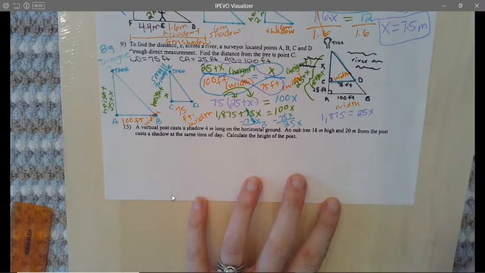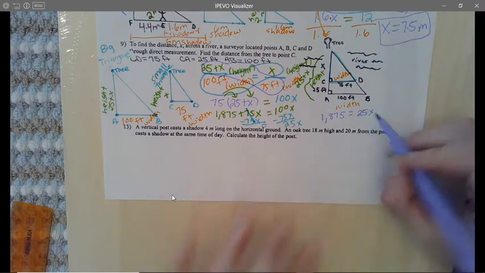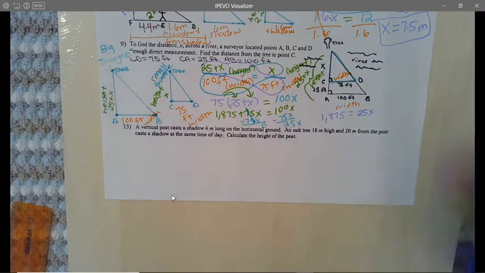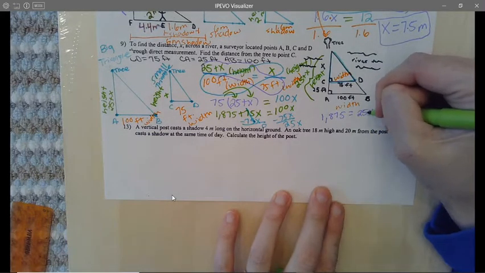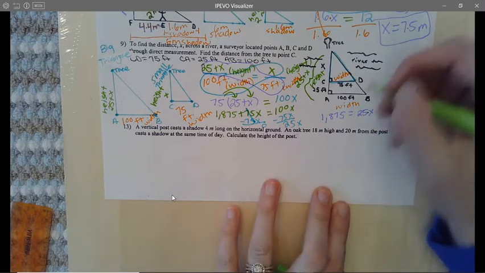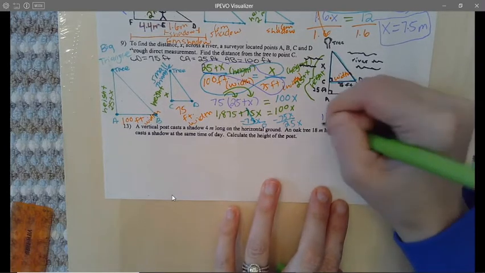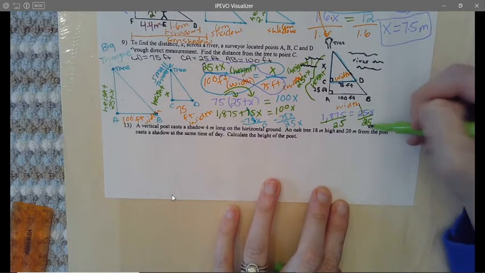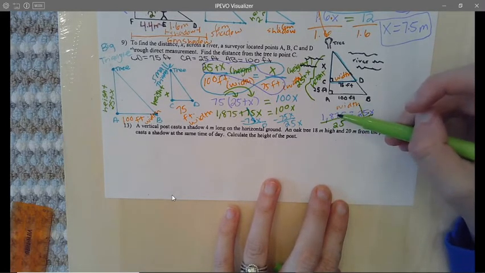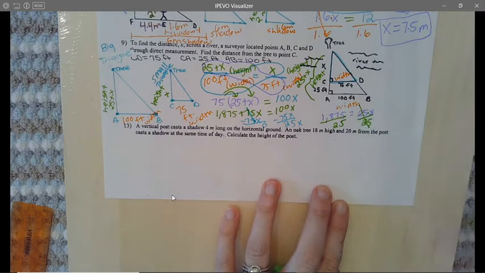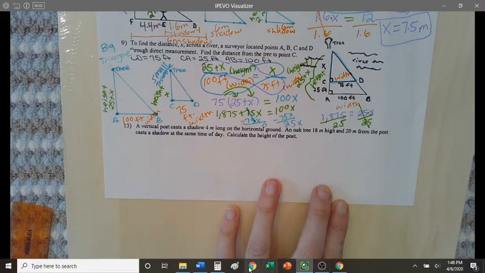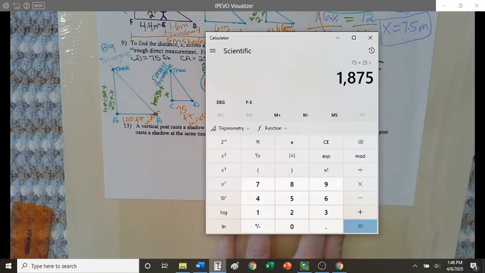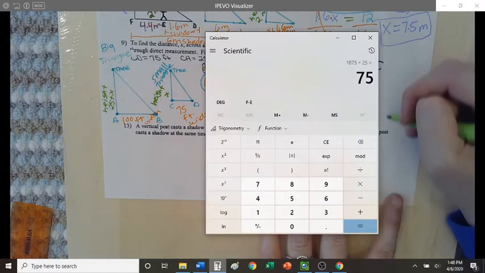Now we just have one more step. The 25 and the x are secretly multiplying, which means the way I'm going to move 25 over is by dividing both sides by 25. 25 divided by 25 will cancel and turn to 1. 1,875 divided by 25, if you need to use a calculator on this one, it's okay, gives me 75.